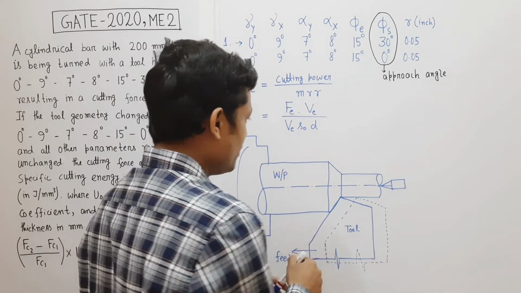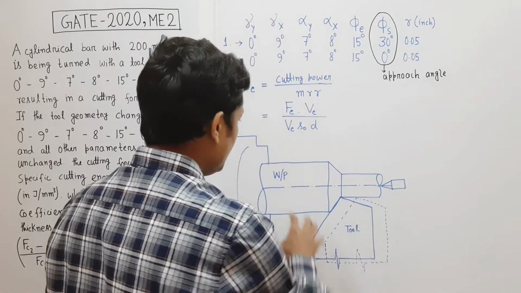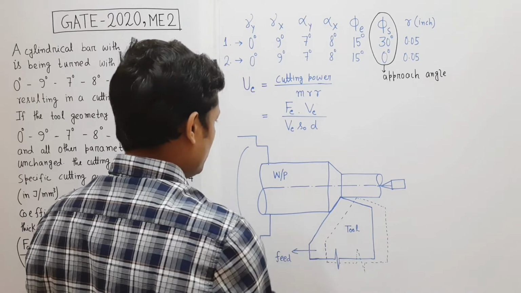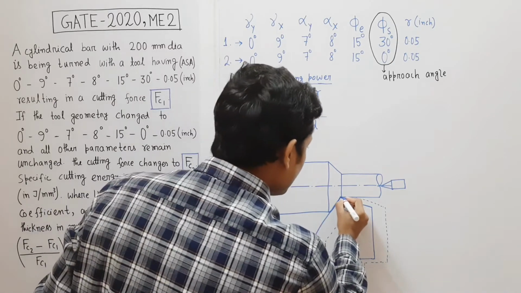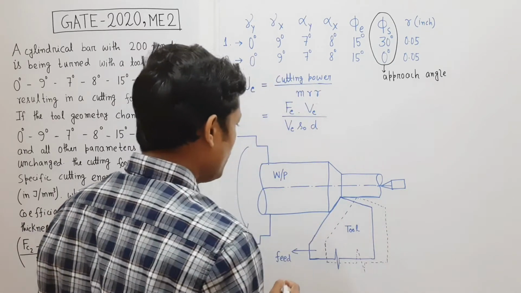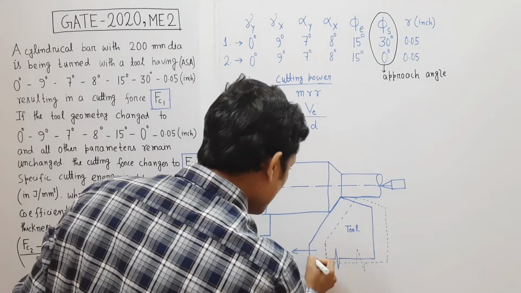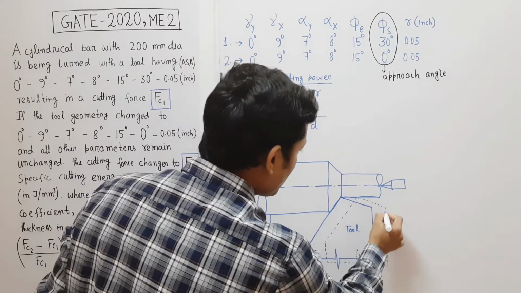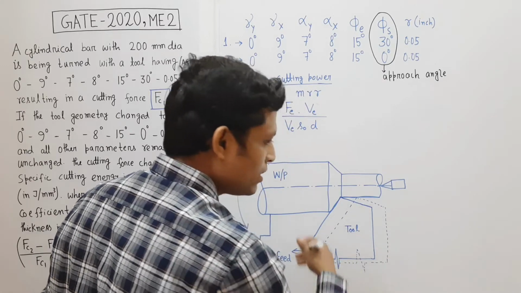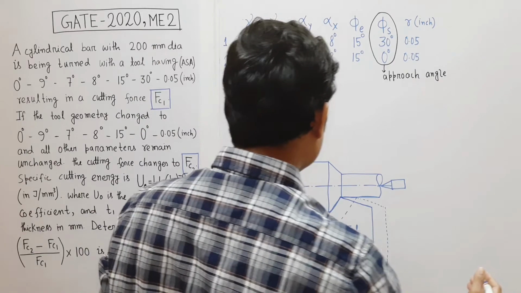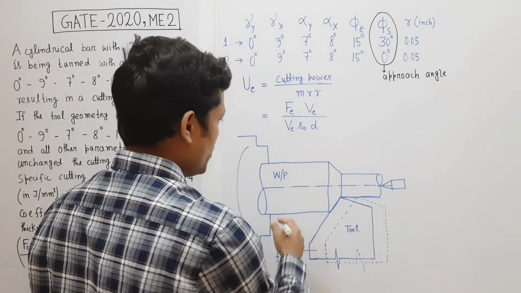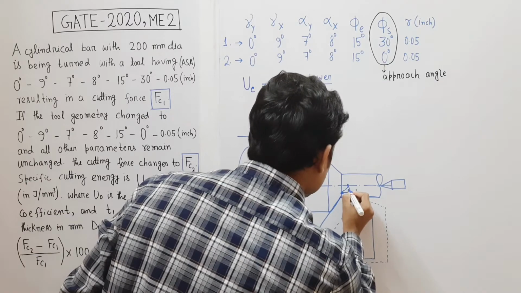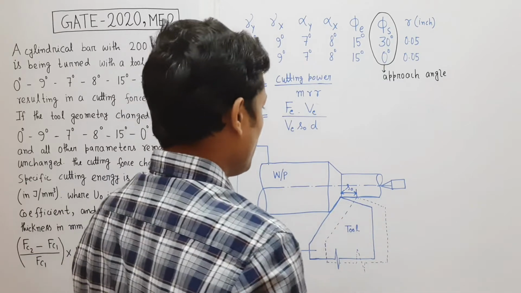Let me show it here, one typical turning process with a single point turning tool. This is the workpiece, this is the finished surface, this is the tool position which is shown by continuous line, and the dotted position of the tool was in the previous revolution of the workpiece. So this amount is S0, that is feed per revolution.